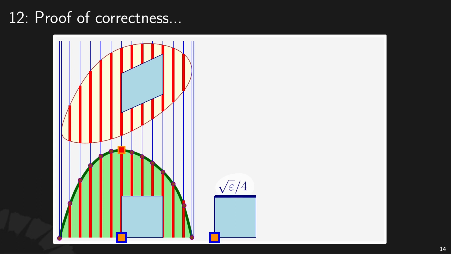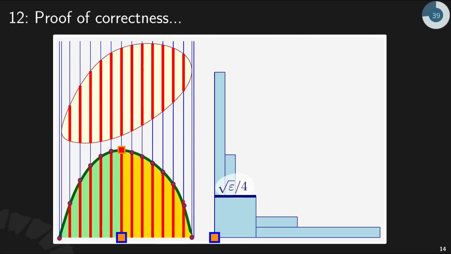So if the square is contained in the hill function, we are done. So the hill function must avoid this square.